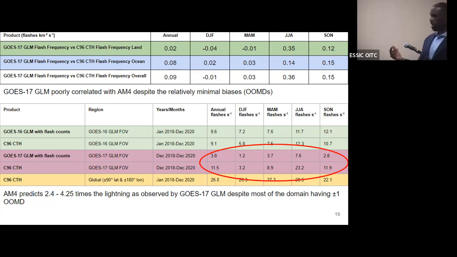And you saw that to some degree in the correlations, but for GOES-17, the model predicts 2.4 to 4.25 times as much lightning.